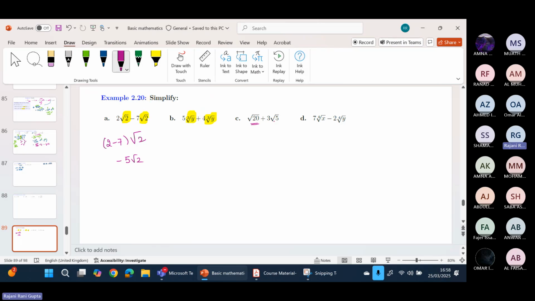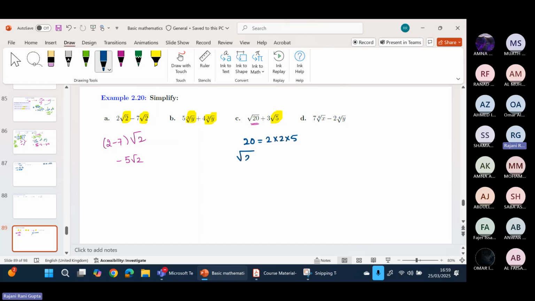Now here it's root 20, but here you have root 5, the radical. So it means you have to convert this into root 5. So how can you write 20? 4 times 5. You can write 20 as 2 times 2 times 5.